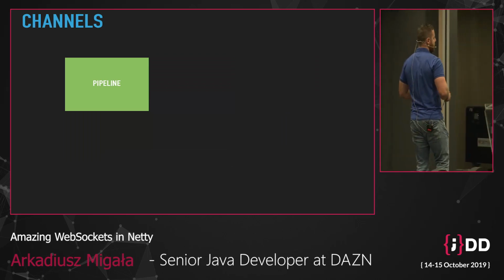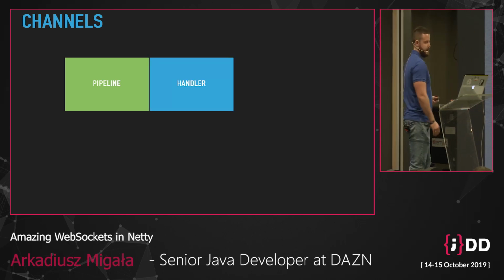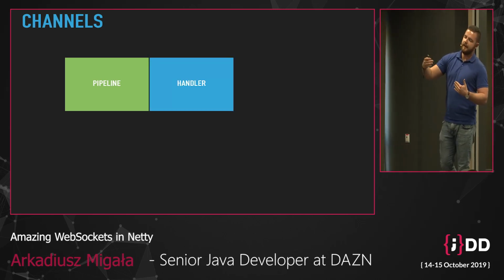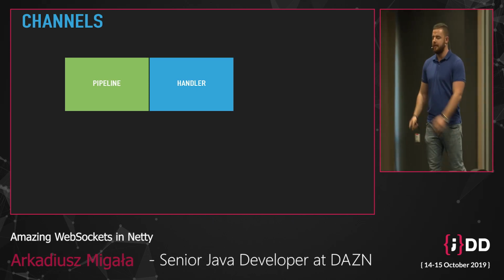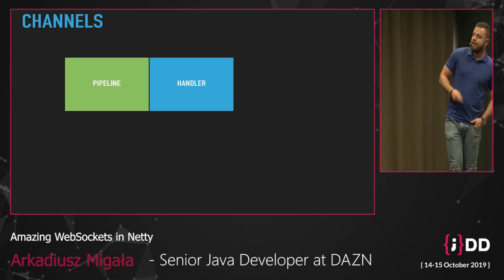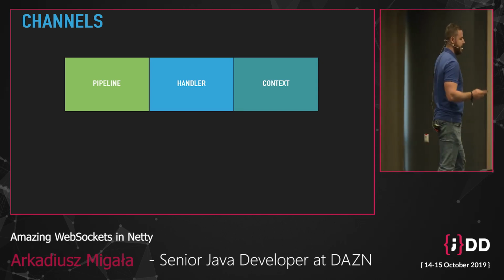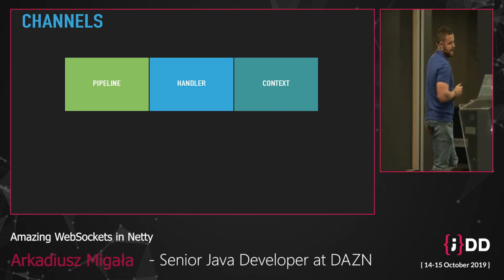In this pipeline, we will have multiple channel handlers. In these handlers, we can use the channel context, on which we can do various operations. We will talk about it later.